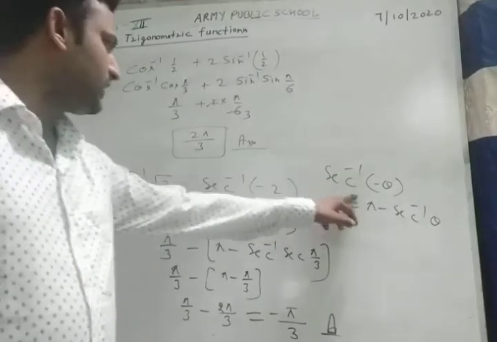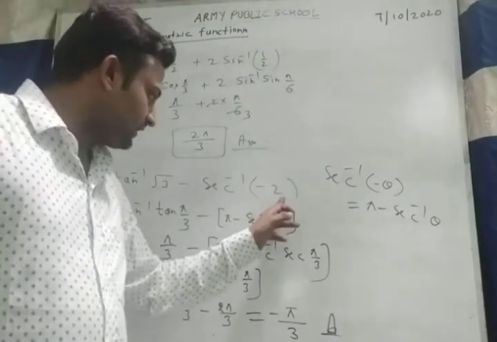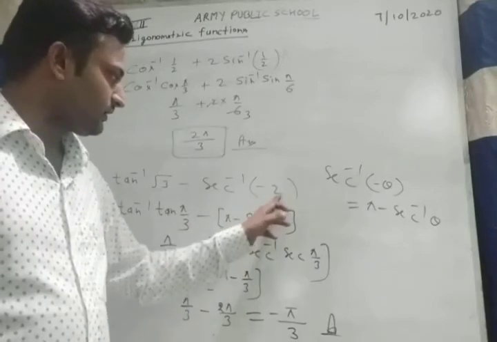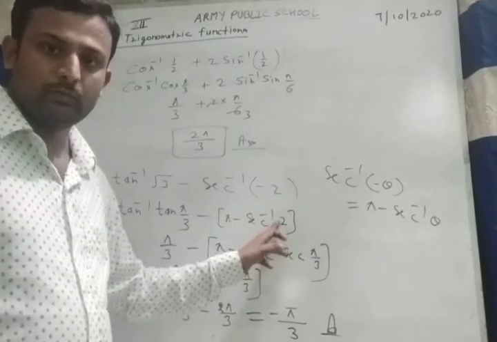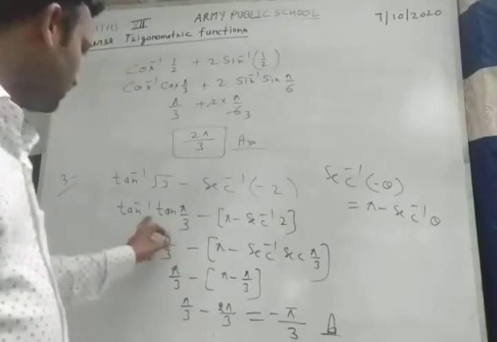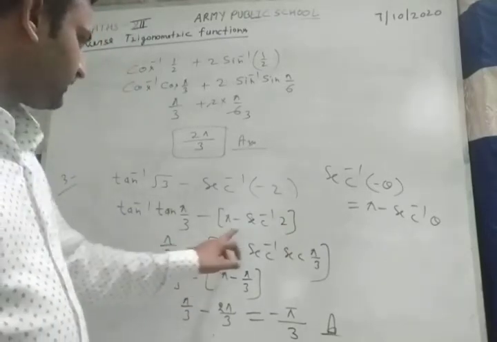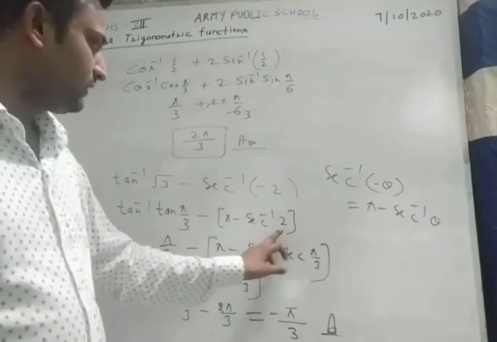We have applied this formula here. Theta is 2, so we have replaced it with 2. So tan inverse tan will be reduced, pi by 3 minus pi minus sec inverse 2.